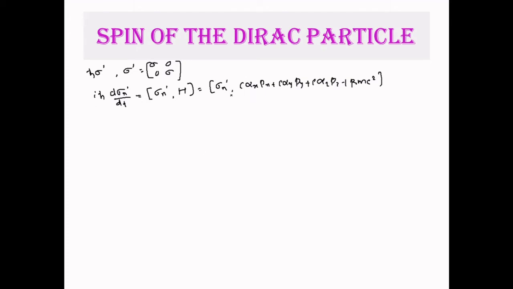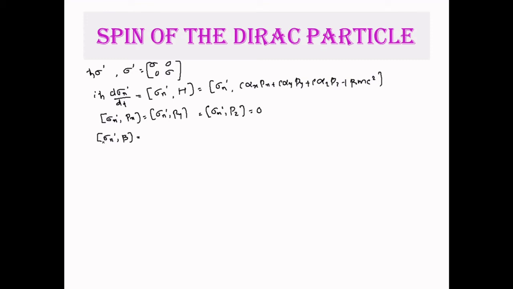There is no need to calculate the commutator of sigma_x dash with p_x, p_y or p_z, because this particular matrix contains only terms 1 or i, like that. There are no terms including x, y or z. So when you calculate the value of this particular commutator, that is sigma_x dash with p_x or p_y or p_z, its value will be 0.